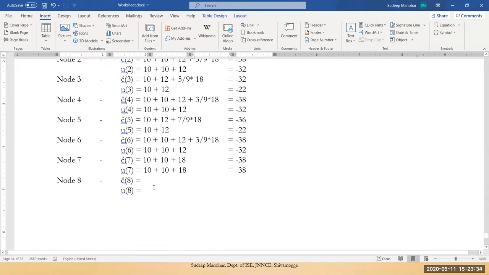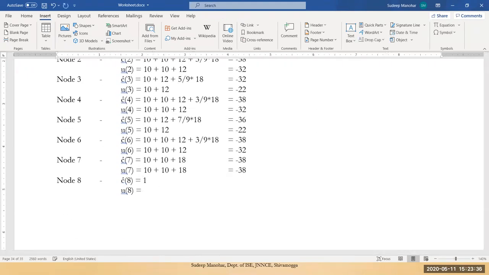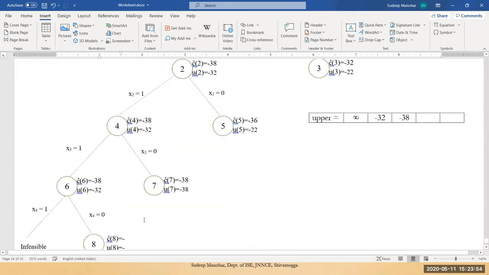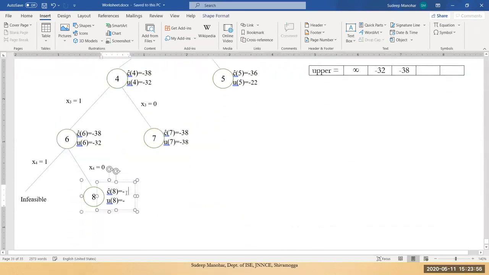It is 32. So what about without fraction? U of 8 is without fraction. Even that is also same. You are not considering any fractions in the first three items. It is minus 32. We'll write this minus 32 here.